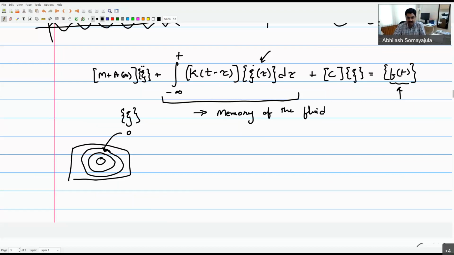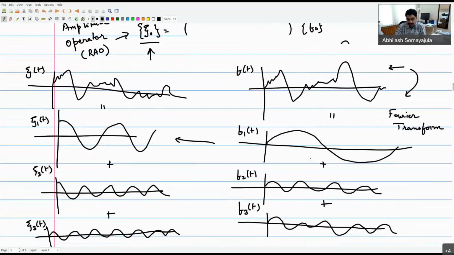Notice that this K matrix is computed from the radiation damping and added mass. I'm not going into how that is computed for now, but just remember that it comes from a Fourier transform of these quantities. That's what we saw here, right?